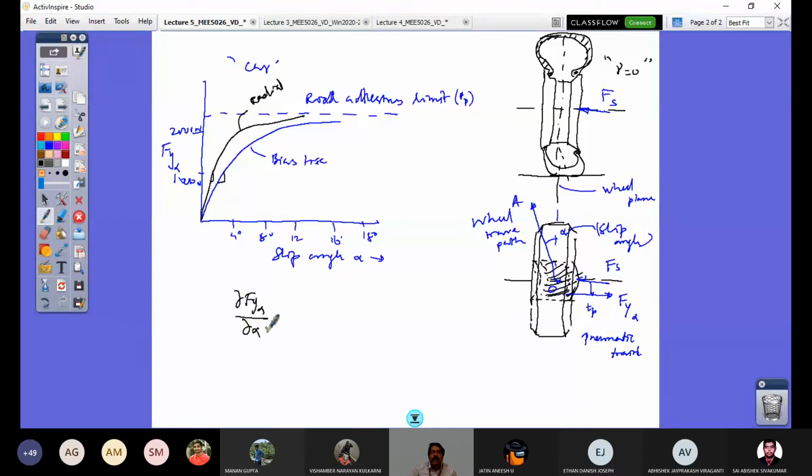Why dou? Because you can also have a camber angle, but we consider camber to be 0 now, and only slip angle is present. So at alpha equals 0, the slope of this line defines an important property of the tire called the cornering stiffness of the tire.